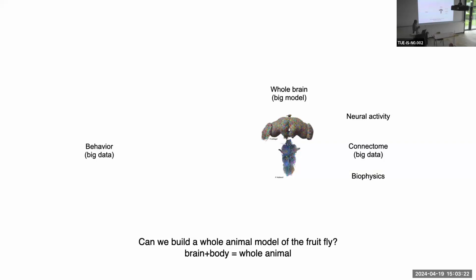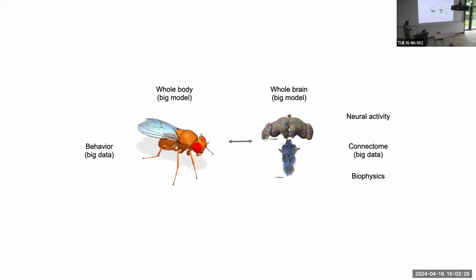And how can we use animal behavior to fit this model? One of the missing links here is that you need a model of the body. The nervous system senses the world, and the way in which it senses the world is governed by the body of the animal. And the way in which it produces behavior is governed by the body, the actuators in the body, the limbs that it has, the degrees of freedom that it can move.